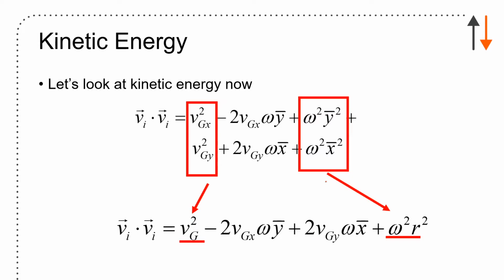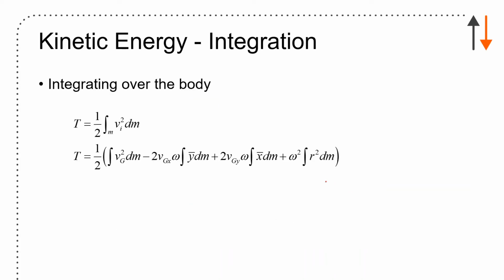And those are interesting because I can get rid of them, because I know that if I do an integral all the way around the object, half of it will be in the plus y bar and half in the negative y bar, and the same for x. So these integrate to zero about the center of mass.